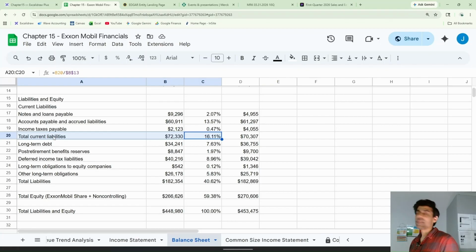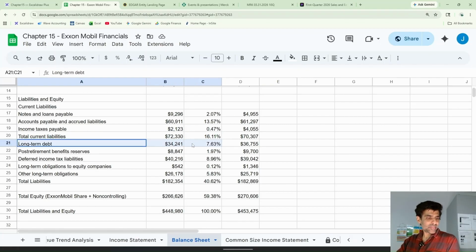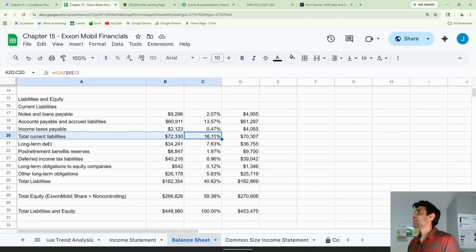Though they have a lot of liabilities, the long-term debt, the stuff like a bond that pays interest, is only 7.63% of the size of the balance sheet. So they're using their vendors a lot. Their vendors are giving them interest-free loans, essentially.